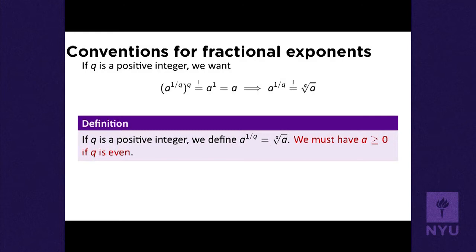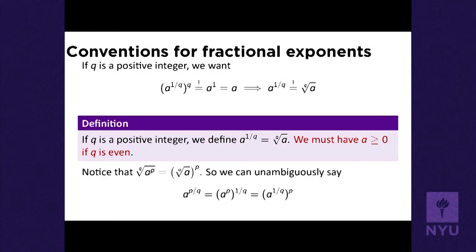Now, one thing we have to make definite is that we cannot take the square root of a negative number. So if q turns out to be even, then we need to require that a is not negative. As a matter of fact, many times we'll assume that a is going to be a positive number. So if q is positive and a is non-negative, a to the 1 over q is the qth root of a.